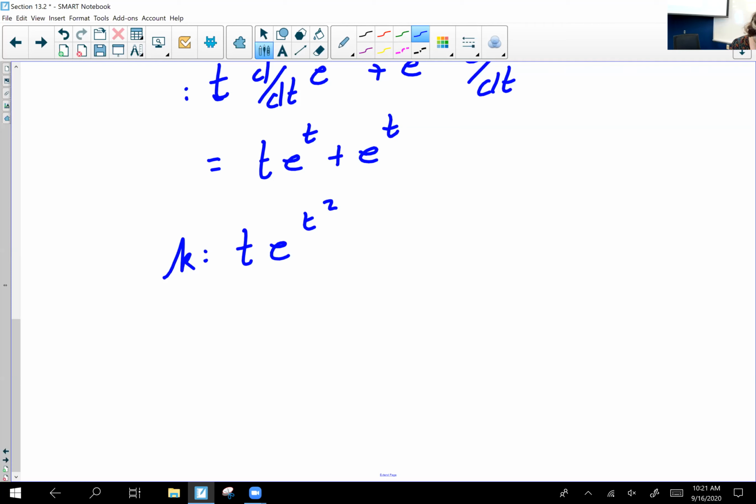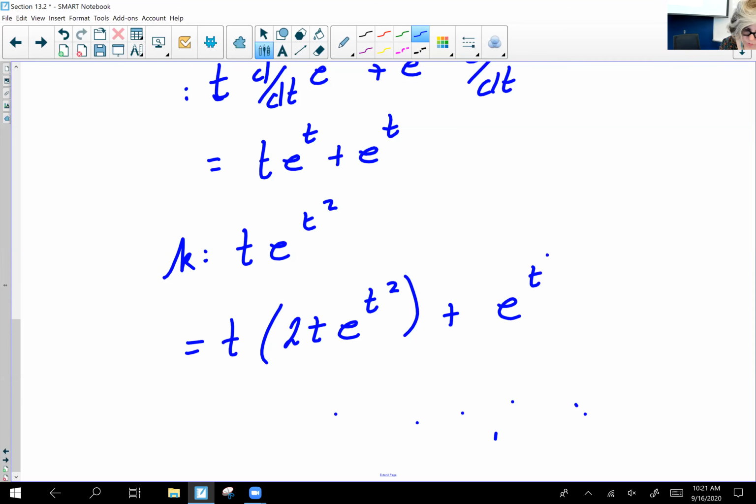Okay, so we then have what? The derivative of this one is going to be a 2t e to the t squared. Had to use a chain rule on that one. And then we're going to have e to the t squared times 1.